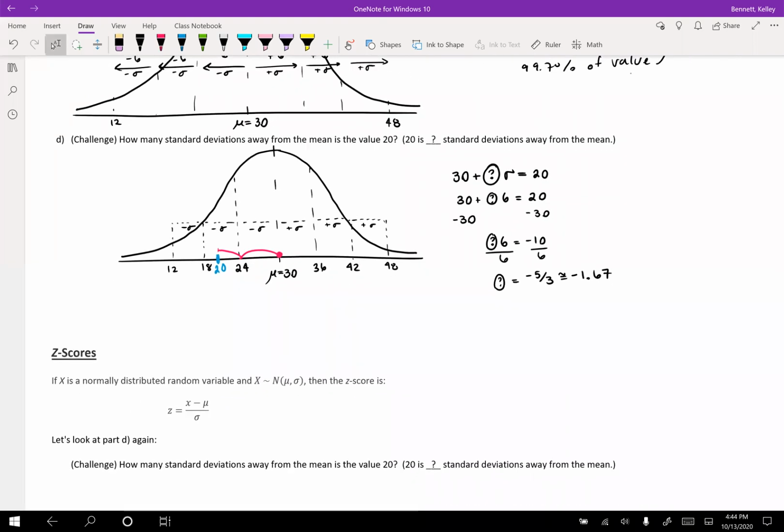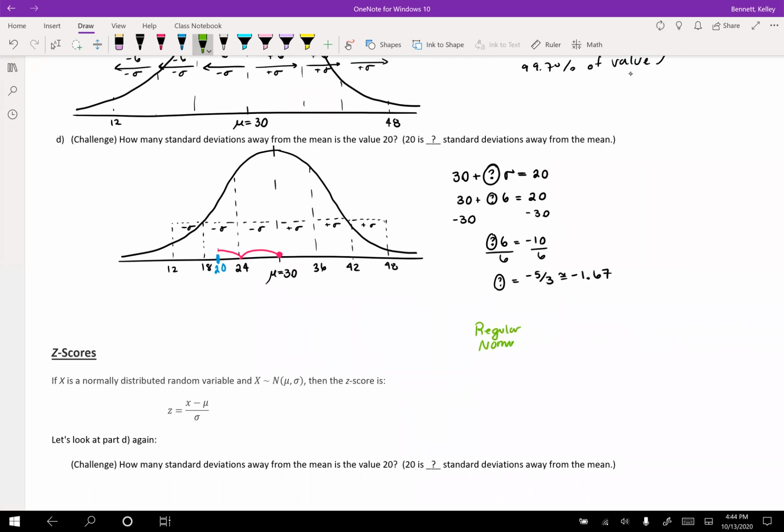Typically what we can do is convert a normally distributed random variable x with mean mu and standard deviation sigma into what's called the standard normal. So we've got the regular normal.